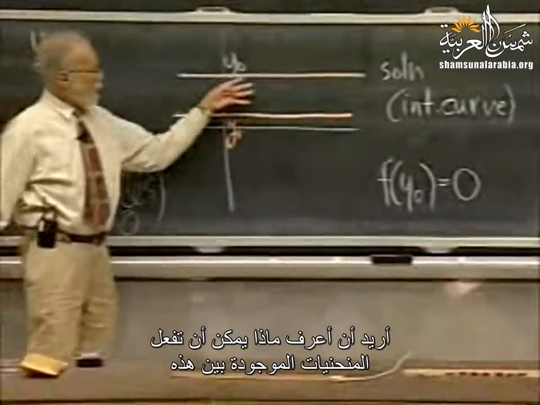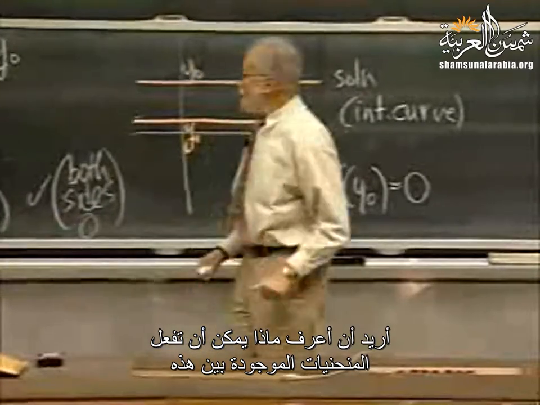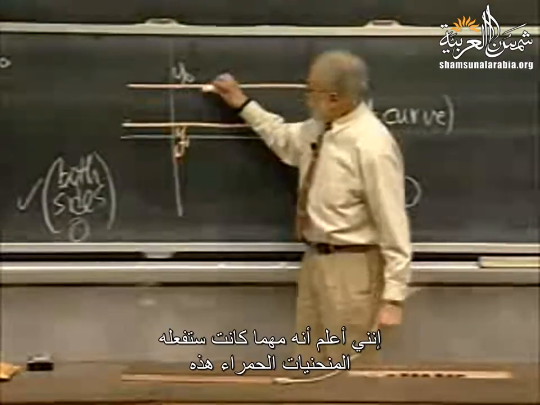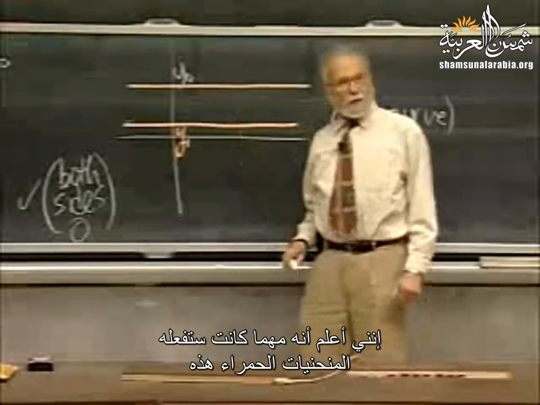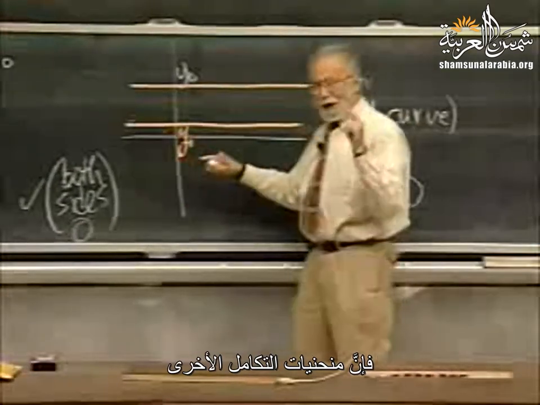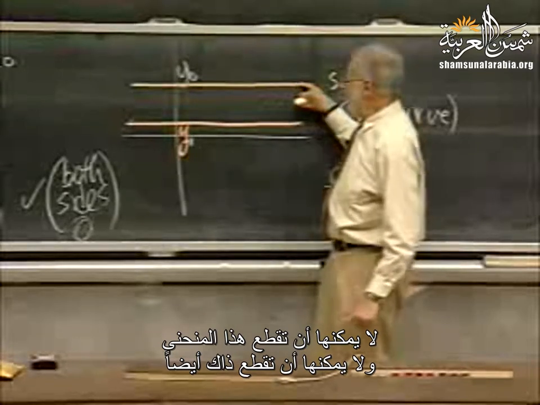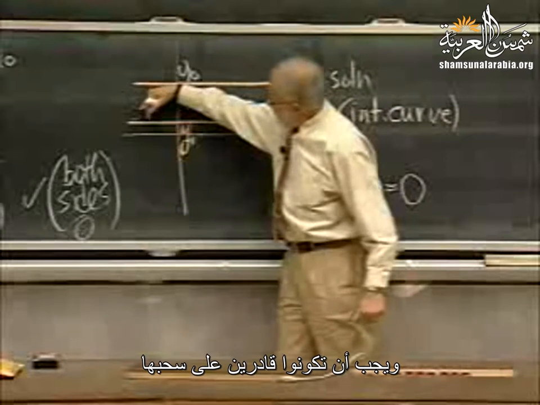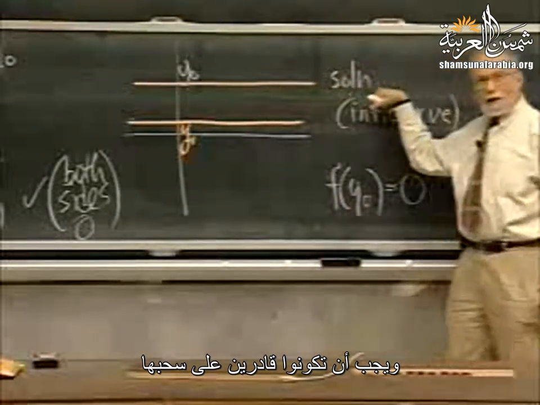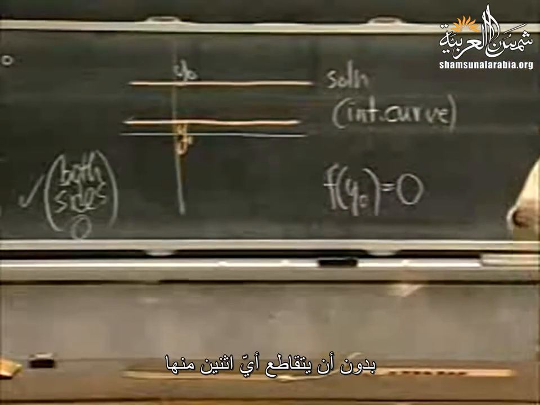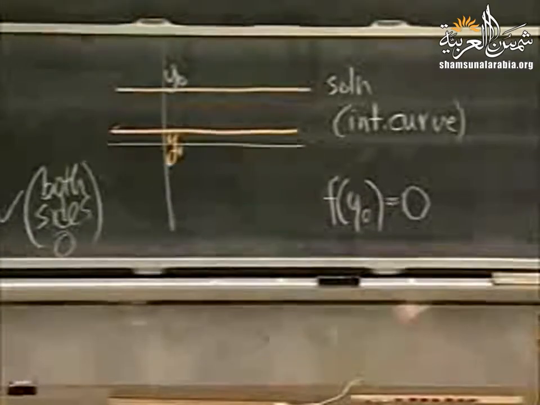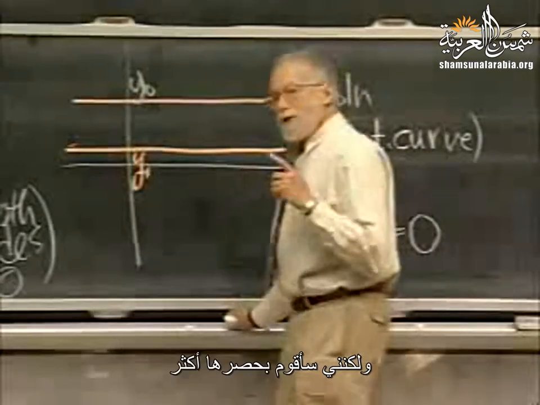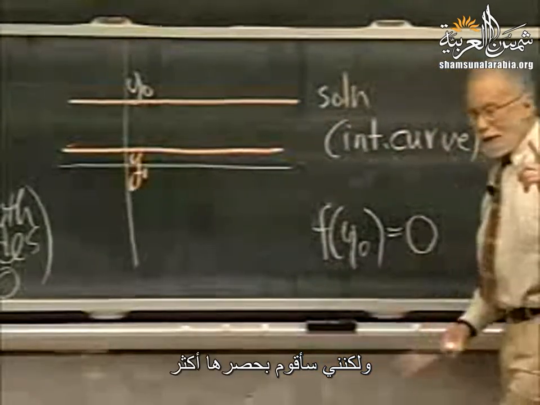I want to know what the curves in between those can do. Whatever those red curves do, the other integral curves cannot cross this, and they cannot cross that. And you must be able to translate them along each other without ever having two of them intersect. Now, that really limits their behavior. But I'm going to nail it down even more.